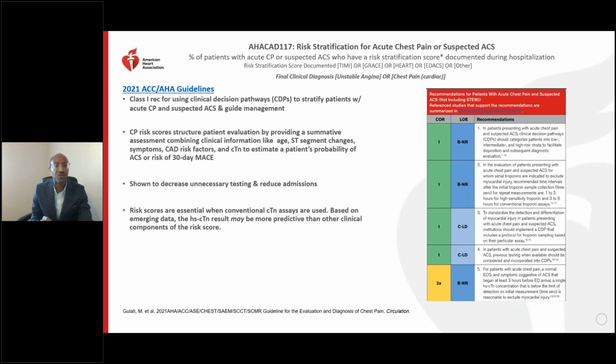So this brings us to the use of clinical decision pathways to further stratify patients with acute chest pain and suspected acute coronary syndrome.